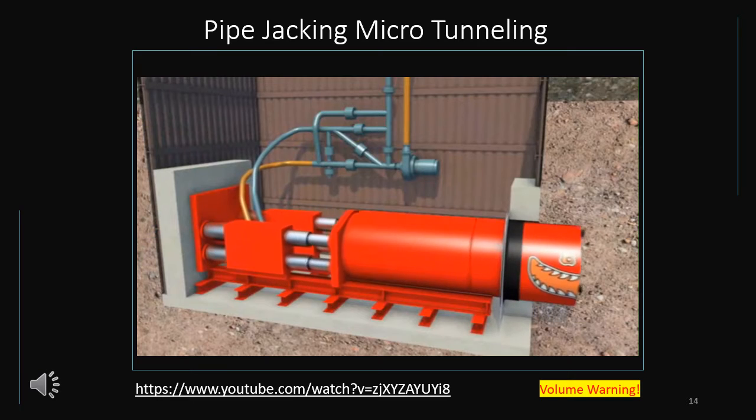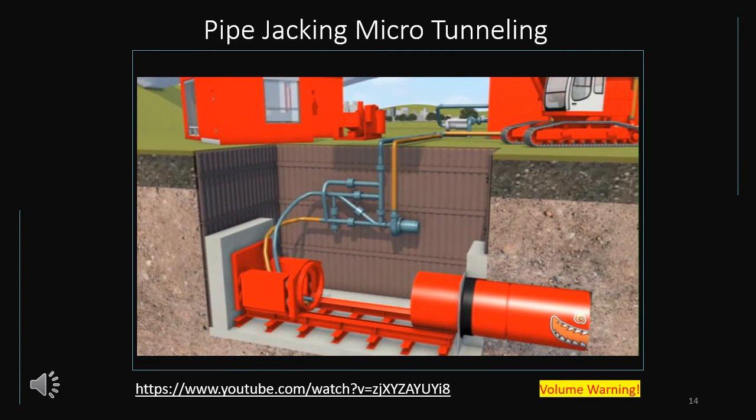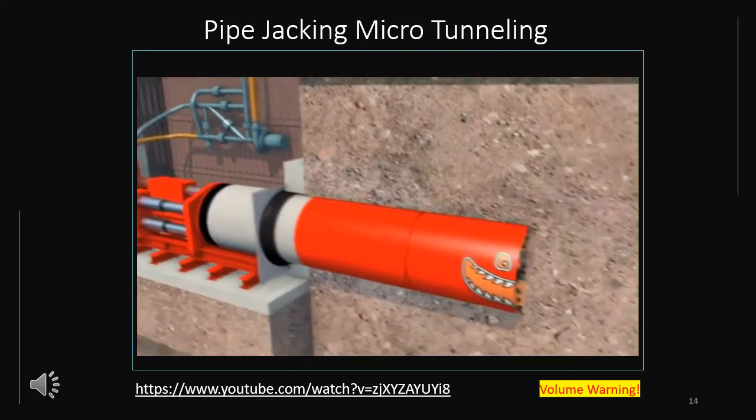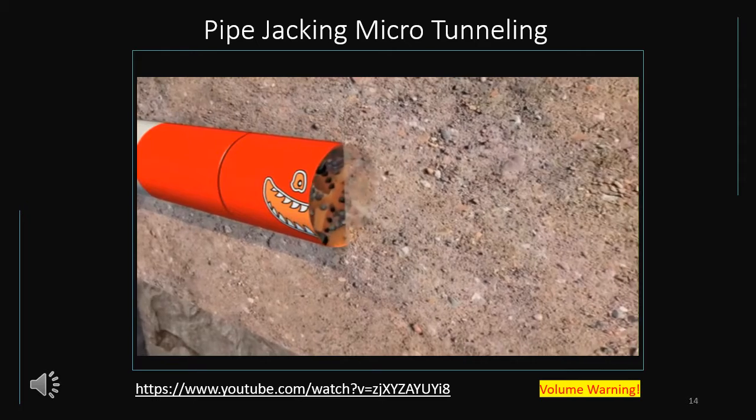Once the machine has reached a predetermined position, excavation is halted, cables and hoses are disconnected, and the first jacking pipe is lowered onto the jacking rig. The pipe is pushed up to the back of the microtunnel machine, where the two are linked together, often by an adapter ring, and the cables and hoses are reconnected. Then, pipe and machine are jacked forward as the excavation at the face of the machine continues.